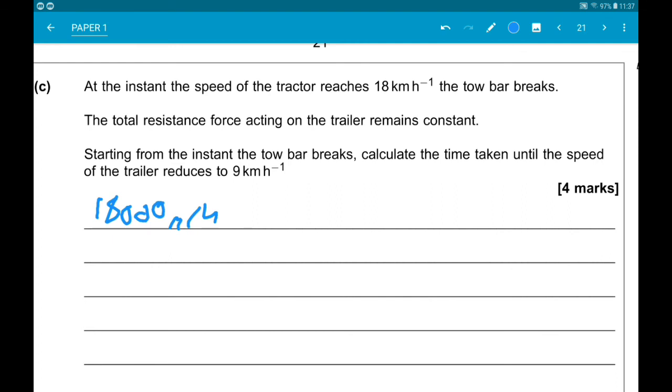So we're going to divide 18,000 by 3,600. Now that quite nicely gives us 5 meters per second. Okay, so we now know U is 5 and V is going to be half of that, so 2.5.